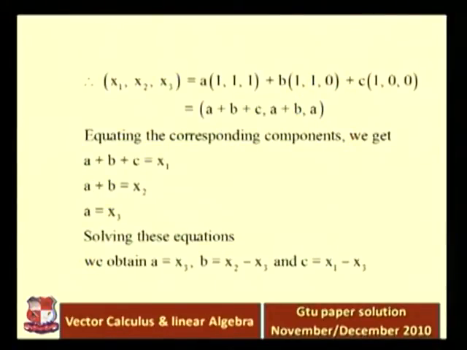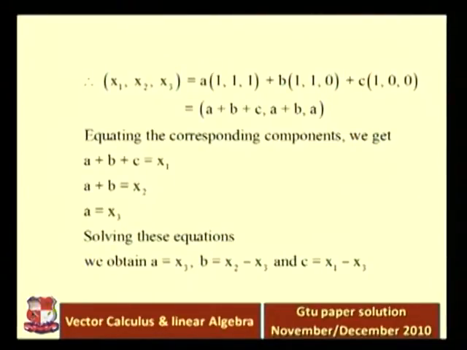So (x1, x2, x3) is equal to a times (1, 1, 1) plus b times (1, 1, 0) plus c times (1, 0, 0), that is equal to (a plus b plus c, a plus b, a). Equating the corresponding components, we get a is equal to x3, a plus b is equal to x2, and a plus b plus c is equal to x1.